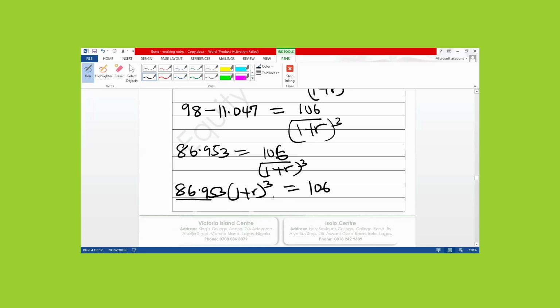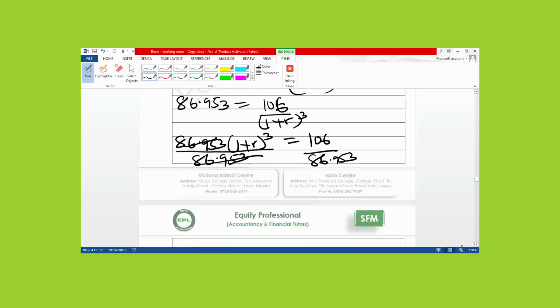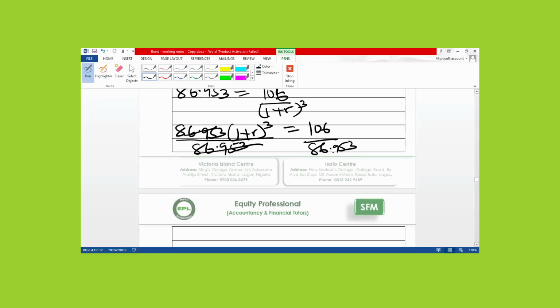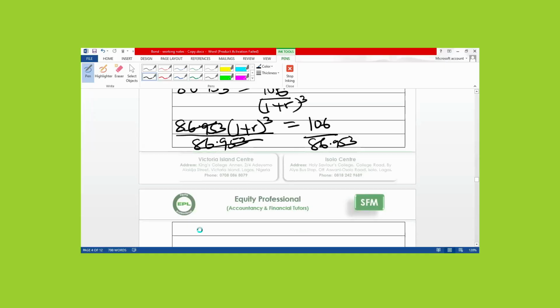Divide both sides by 86.953. 86.953 cancels out. Please divide 106 by 86.953. That is 1.2190.